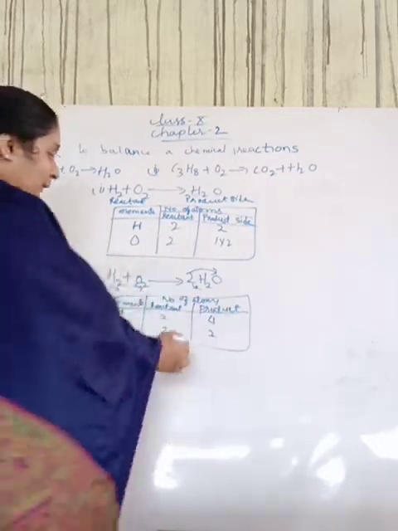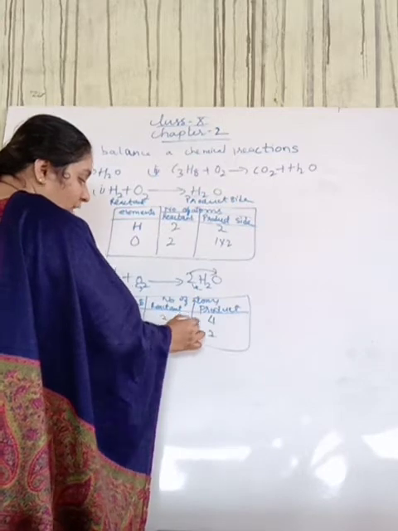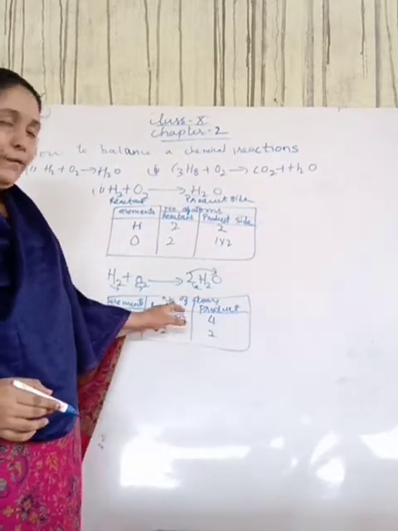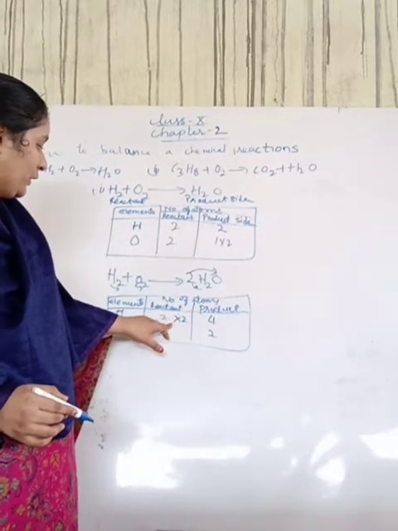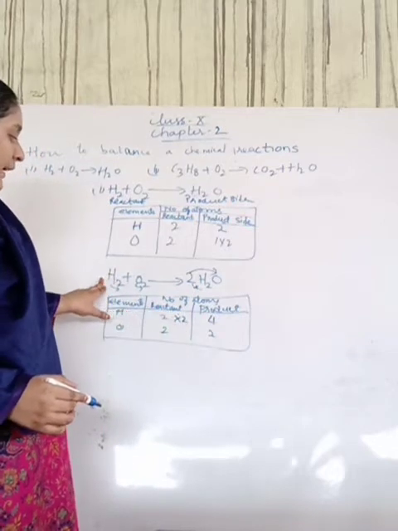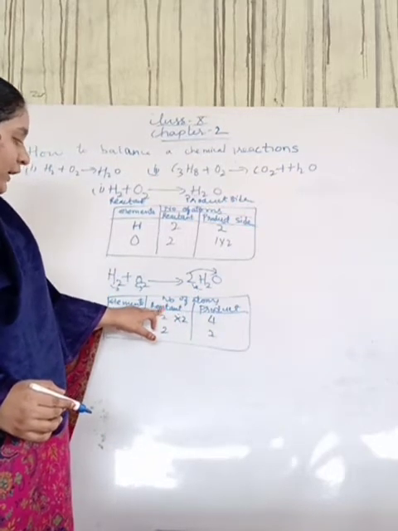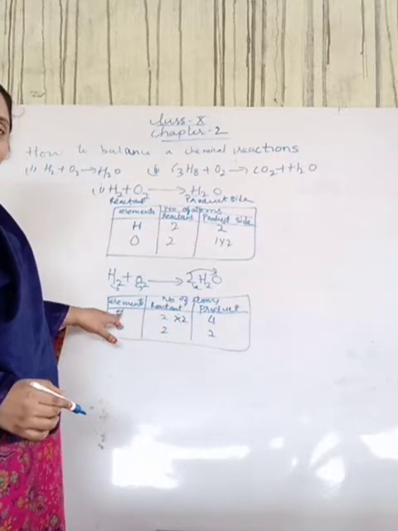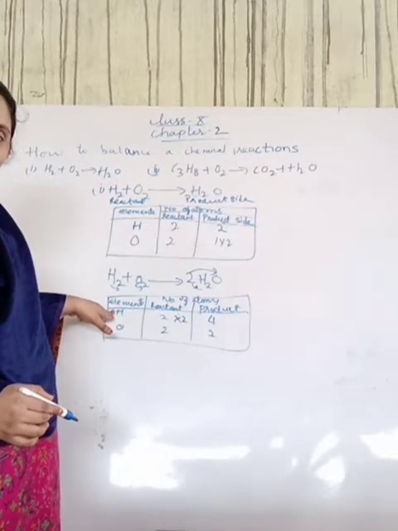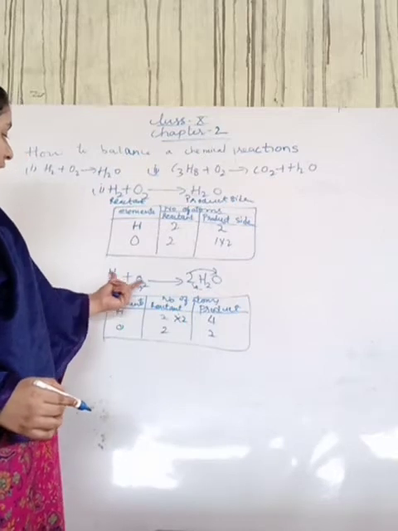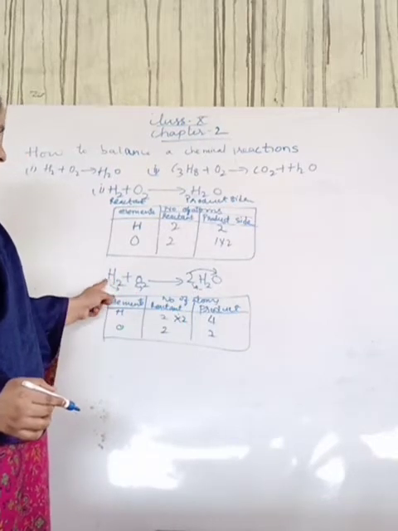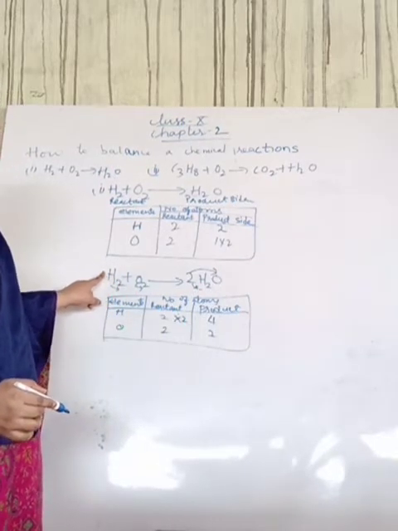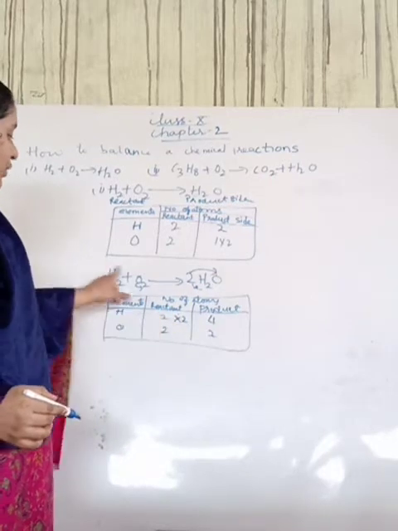We should multiply 2. 2 into 2 is 4. At which side we should multiply? For reactant side. And at which element? For hydrogen element. So here we should multiply this 2.